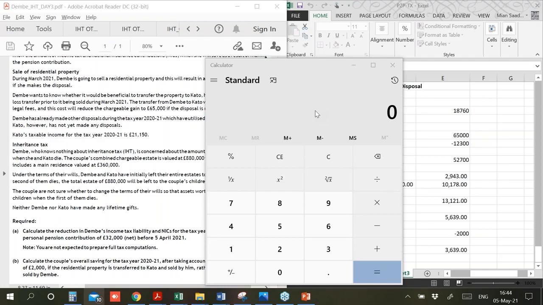Out of the 880,000 estate, their beneficiaries or their personal representatives can, number one, claim the nil rate band for both, that is 325,000 and 325,000. Second, they can also claim 350,000, that is two RNRBs for both, which means their nil rate bands are even more than the estate that they currently have.